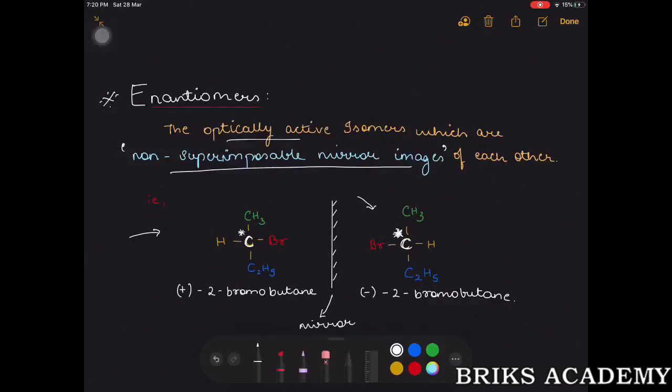Now, try to superimpose the compound on the right on the compound on the left side. When this is superimposed, both the compounds do not get superimposed, because the bromine atom does not superimpose on the hydrogen, and also the hydrogen atom does not superimpose on the bromine atom.